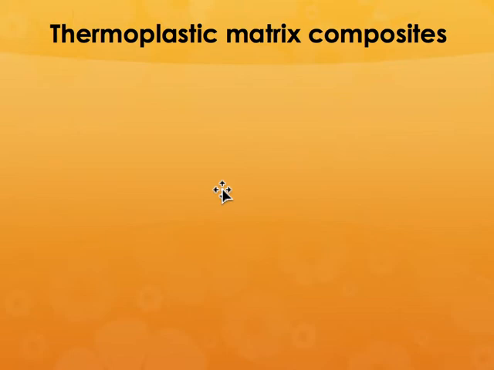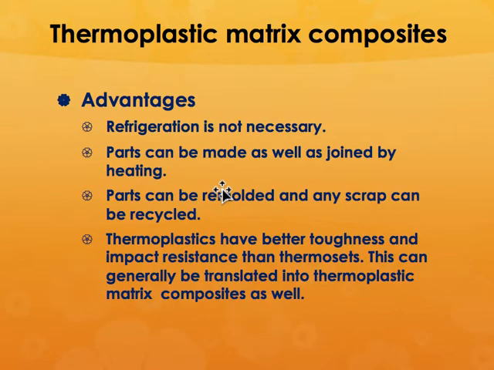Coming to thermoplastic matrix composites itself, why do people try to use thermoplastic composites? It's because it does not need refrigeration. If you have a thermoset type of prepreg, the problem is that these prepregs have to be kept refrigerated. They can only be kept refrigerated for something like 1 year, I mean maximum 6 months.